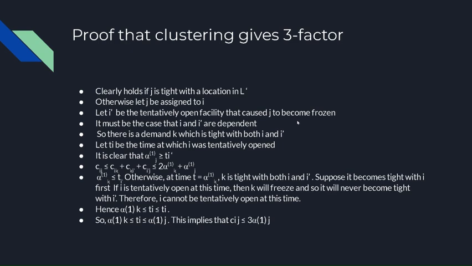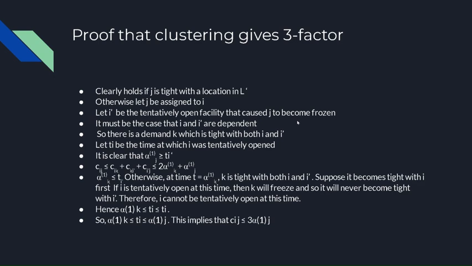Now first, j became frozen at this particular facility I dash. So it is clear that alpha 1 j must be greater than T of I dash, because at this point the freezing happened, so it has to happen after that.